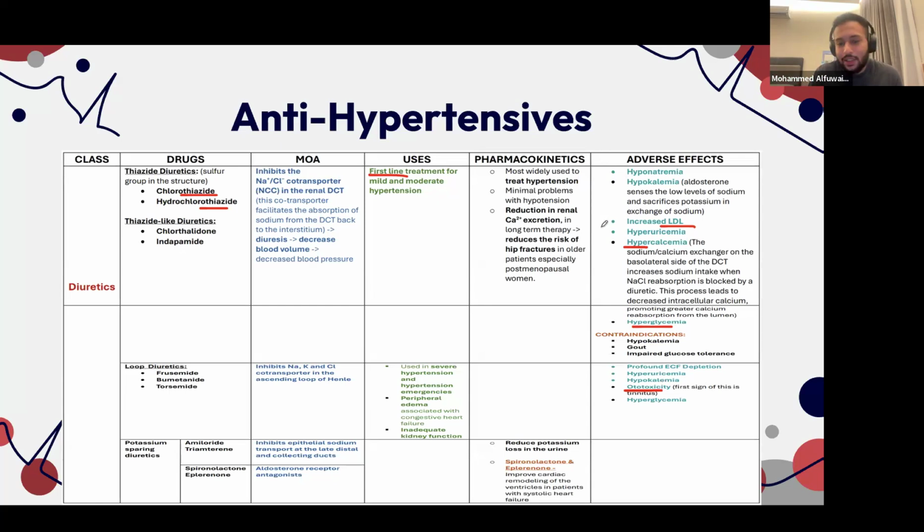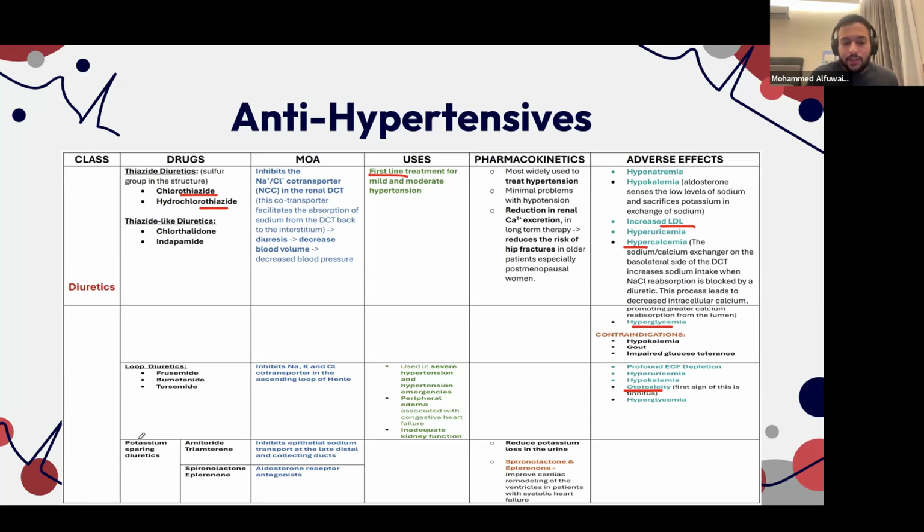Everything else, you can also see it in thiazides. Hyperuricemia, hypokalemia, hyperglycemia, and so on. Ototoxicity is a very specific sign, okay? And I want you guys to remember ototoxicity for loop diuretics. Another thing about loop diuretics is it's very good for heart failure, and I'll mention when it's given for heart failure and why it's good for heart failure, okay, later on.